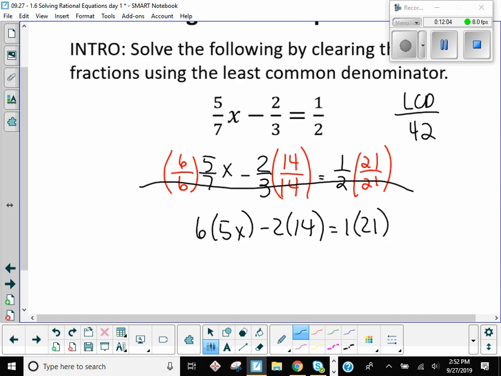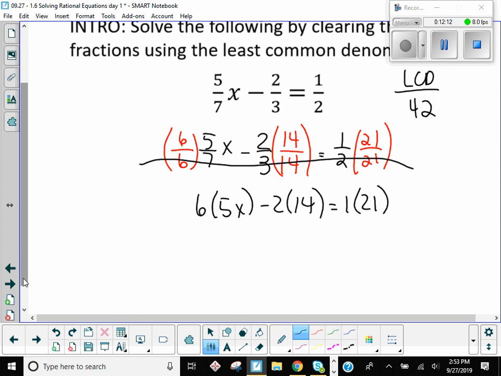And that's a much easier equation to work with than if we kept them all in fraction form. And what allows us to do that is the fact that it's an equation. If this was just two fractions I was adding, I wouldn't be dropping off any denominators. I would be adding them together.